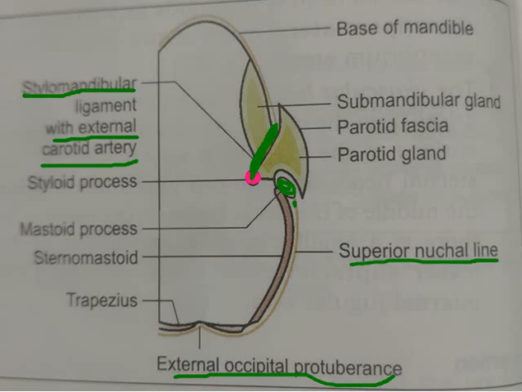What is important is that here the fascia splits into two layers. One layer covers the parotid gland, it is called the parotid fascia. From the styloid process to the angle of the mandible, it forms the stylomandibular ligament. Okay.